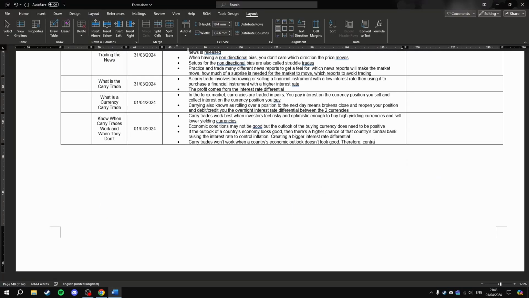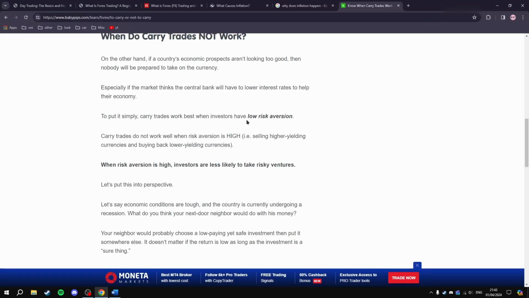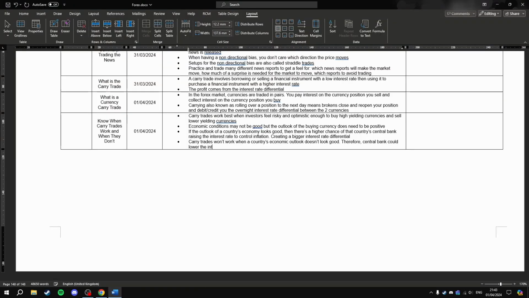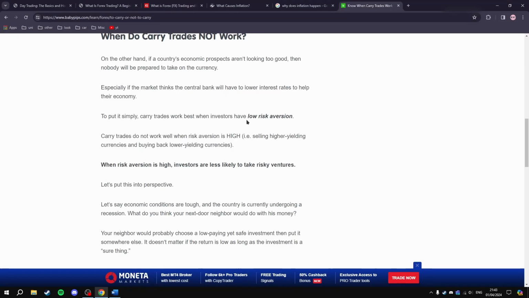Therefore, the central bank could lower the interest rate to help their economy, especially if the market thinks the central bank will have a low interest rate.